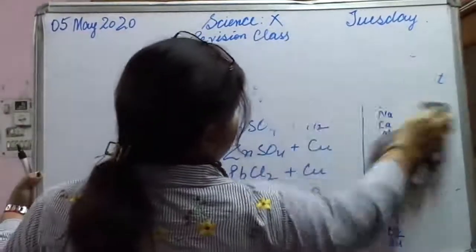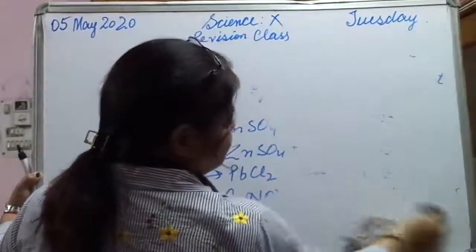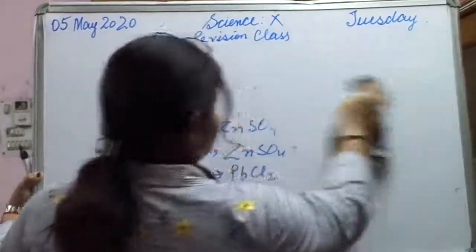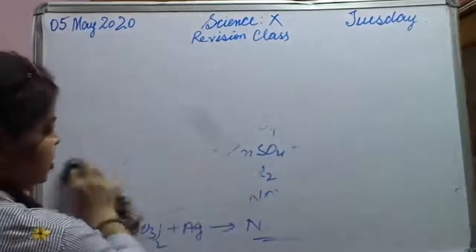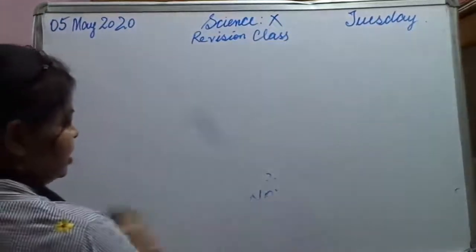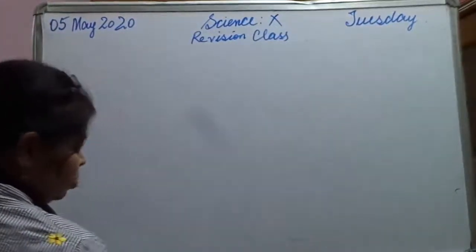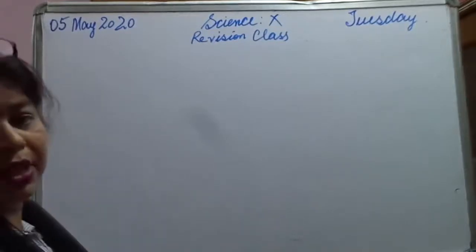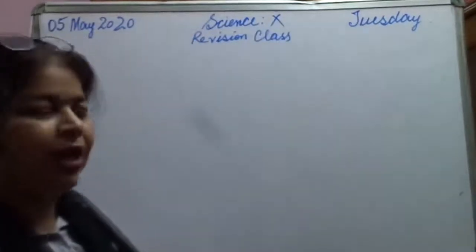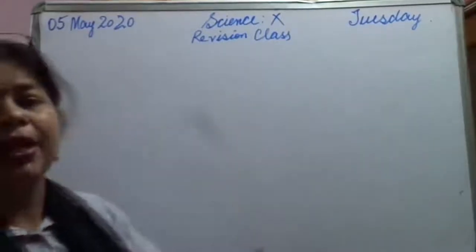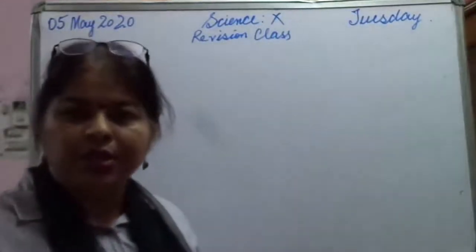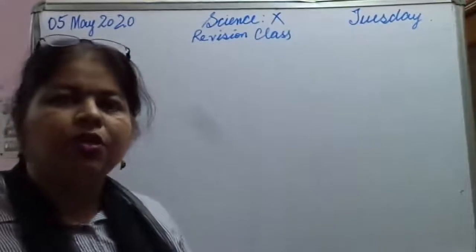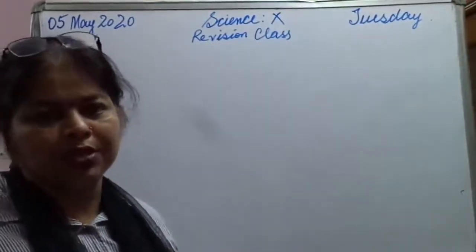Now let us come to the next one, and that is double displacement reaction. In double displacement reaction, what will happen? As the name suggests, two times the displacement of the metals will take place. Before I start with the next type of reaction, that is double displacement reaction, there is one more point that I should discuss here.